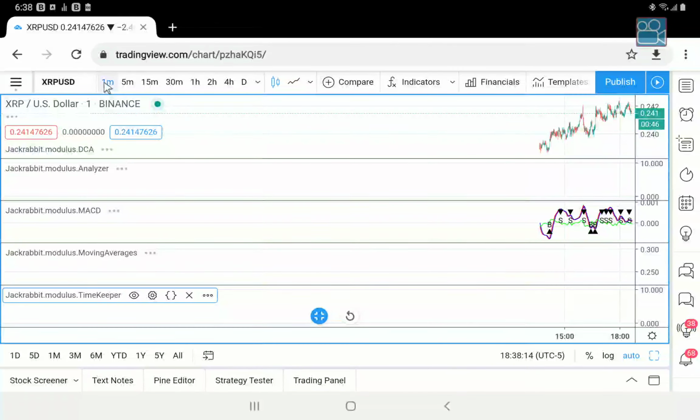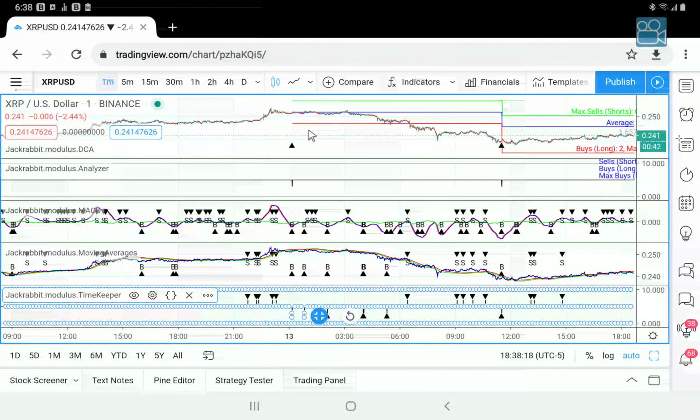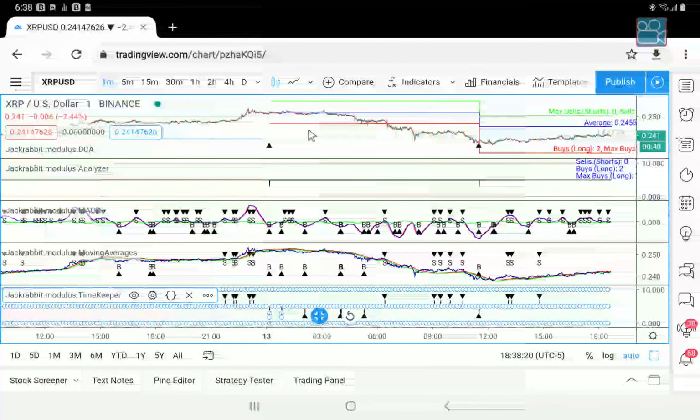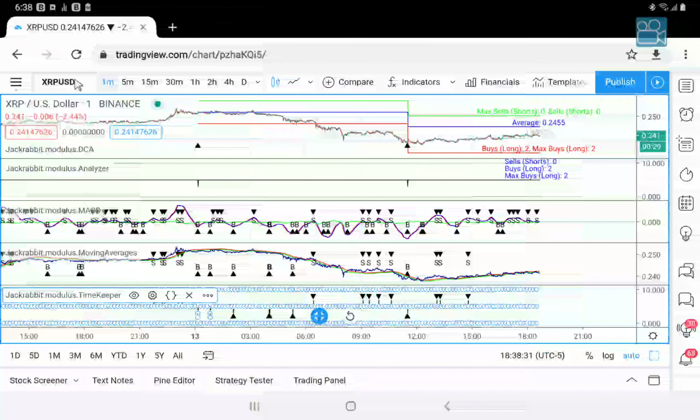So now with a sideways channel rut, we don't have to worry about it. We can actually get in at a good time and maybe, just maybe, get a good, reasonable profit out of what is normally a very difficult coin.